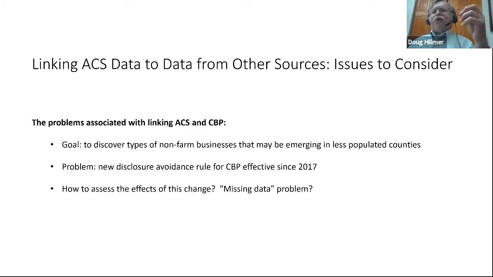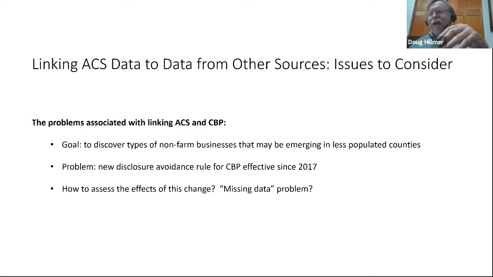But in 2017, the Census Bureau changed its approach to disclosure avoidance for the County Business Patterns data. And they went to the requirement of 3 sample cases per category per county. So now I looked at that and I realized the file size dropped dramatically, almost 50%.